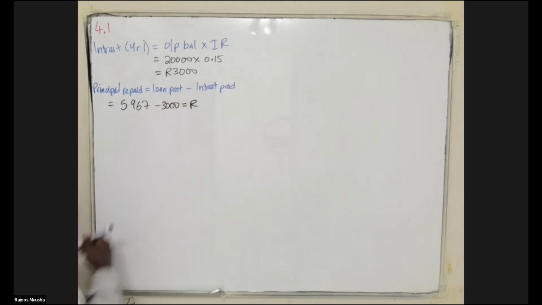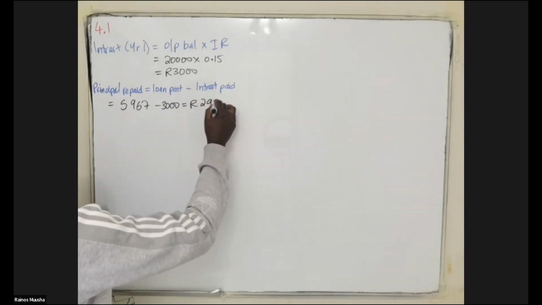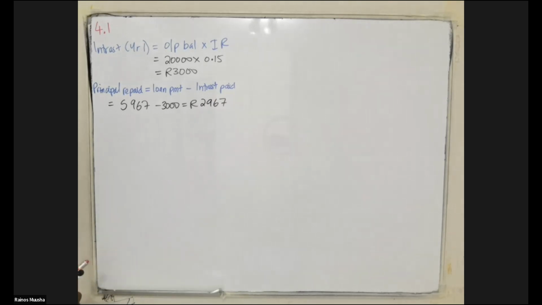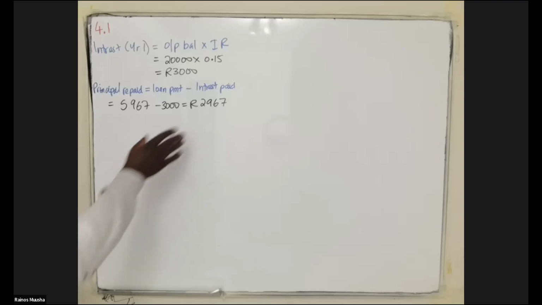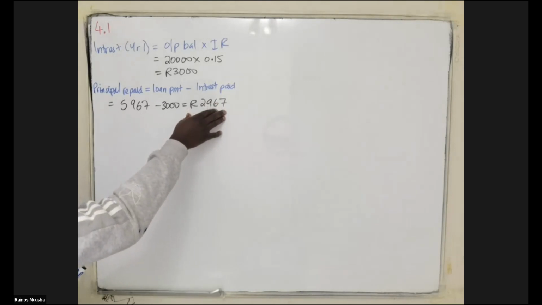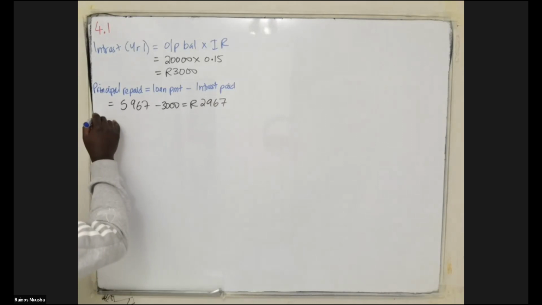So this will tell us exactly how much the principal repaid was for year one, and how much do you get? Are you getting 2,967? Yes.